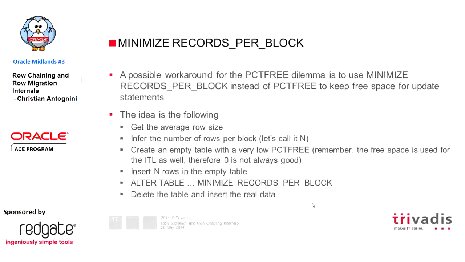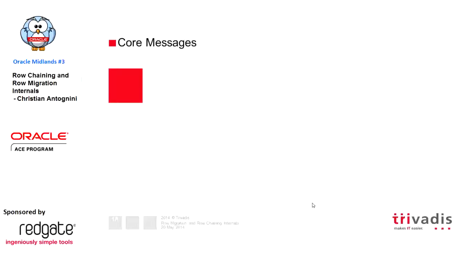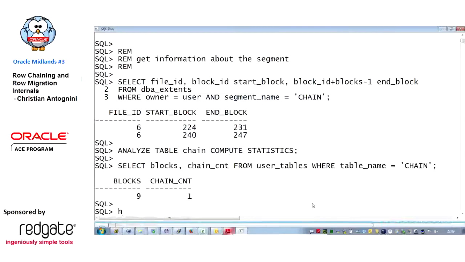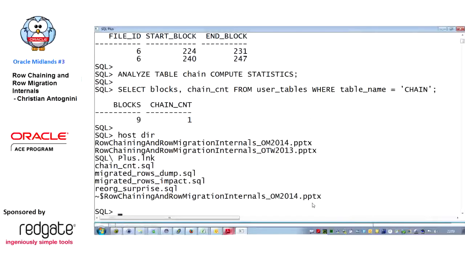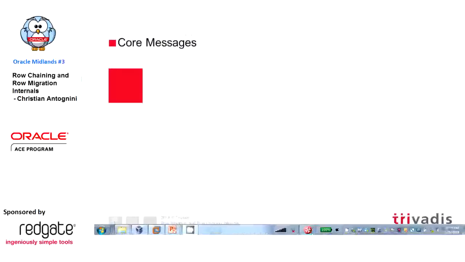So you can somehow keep free space for the new rows, but pack the information for the old rows. But again, it's really a trick that you are willing to implement only if you have no other way to solve the problem. Because the fact is, if you have migrated and chained rows, it's not so easy to solve.